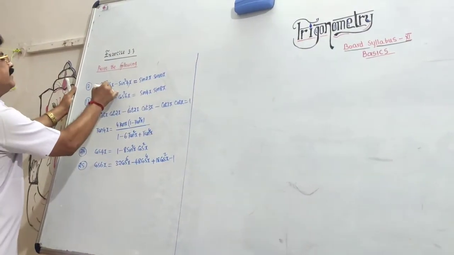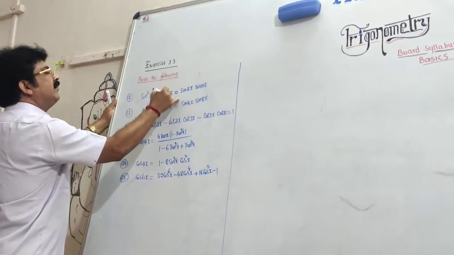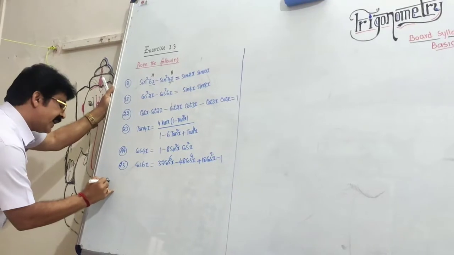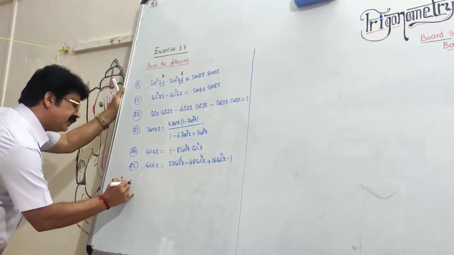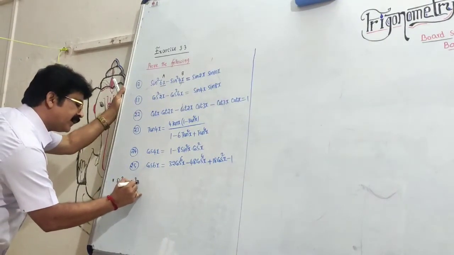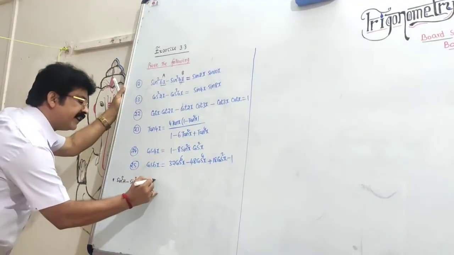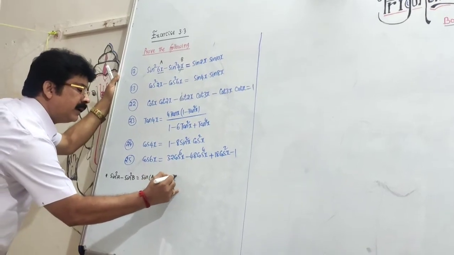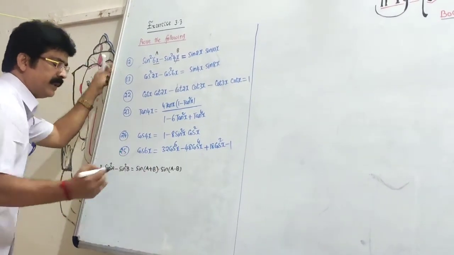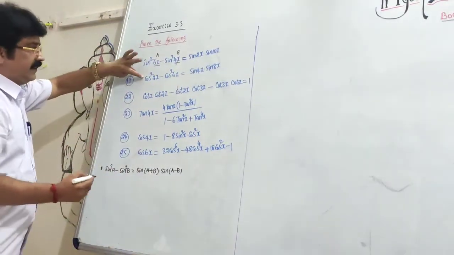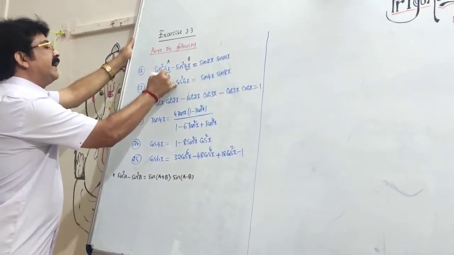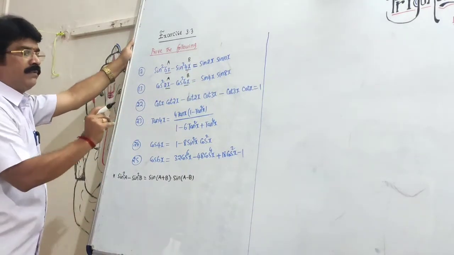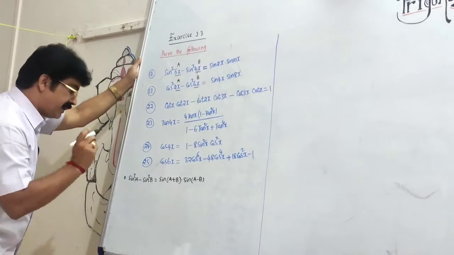It is in the form of sin square A minus sin square B, and the formula is sin of A plus B into sin of A minus B. Next, for the second, cos square A minus cos square B. Actually, there is no formula for cos square A minus cos square B, remember.